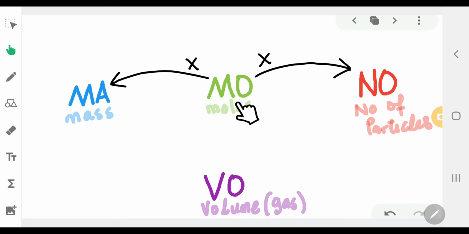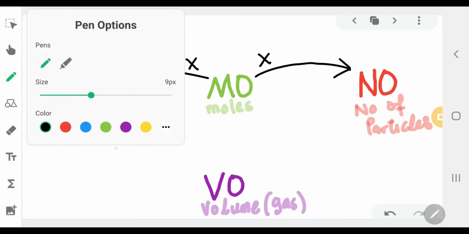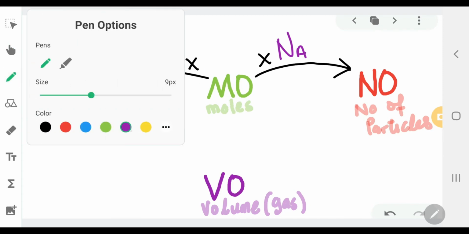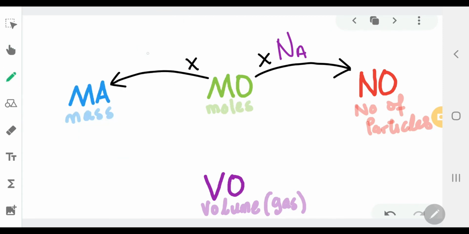So if you are going out from moles to number of particles, you're going to times that with the Avogadro's constant. Then you should be able to change from moles to number of particles.